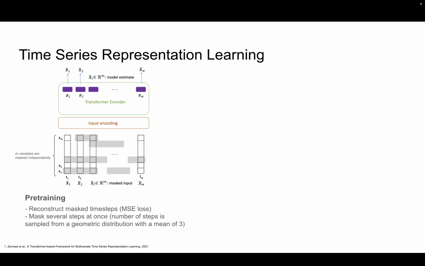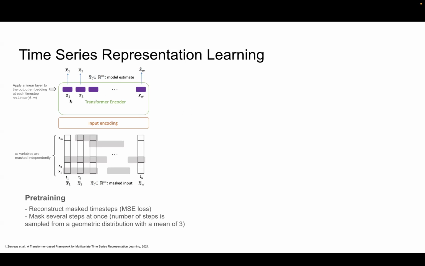We can maybe just take the average of the previous and next time steps to get the imputation for the current time step. And we don't want that to happen because we want our model to learn some high-level representation. So to make the task more challenging, we'll mask several time steps at once.